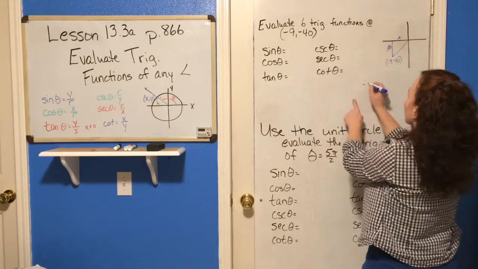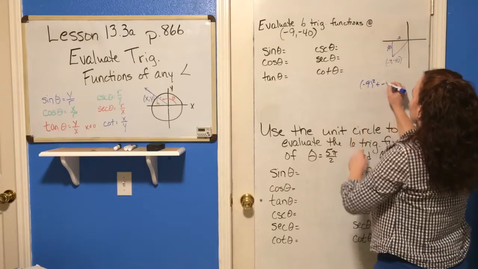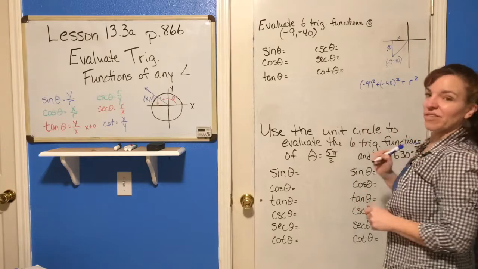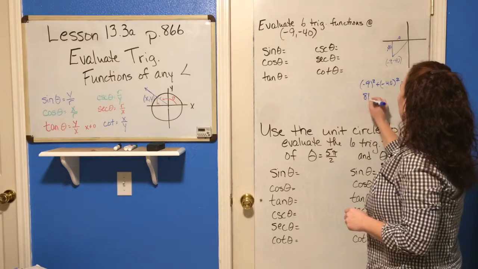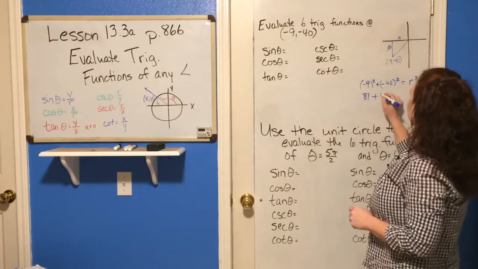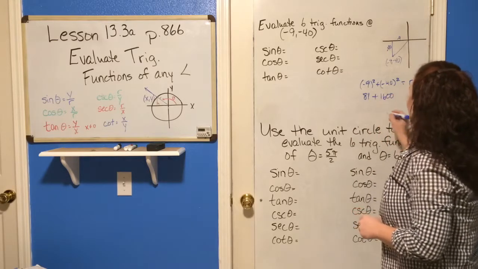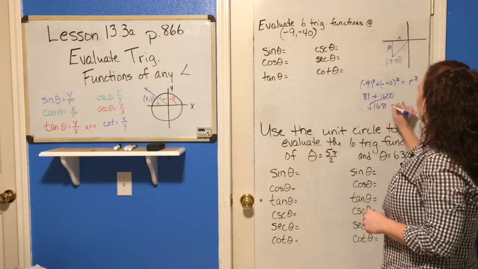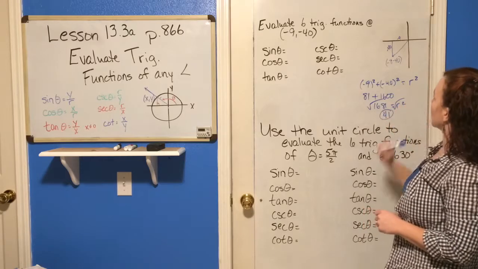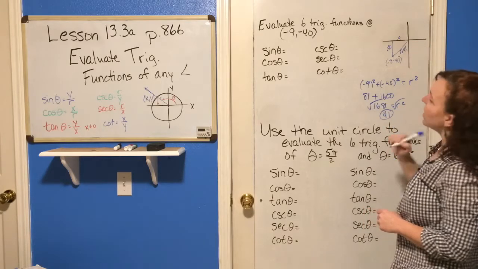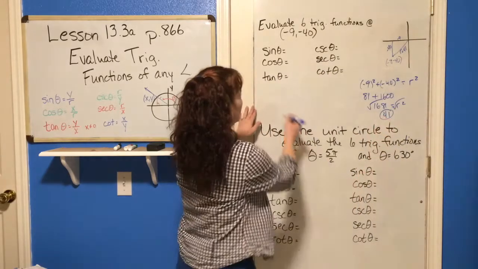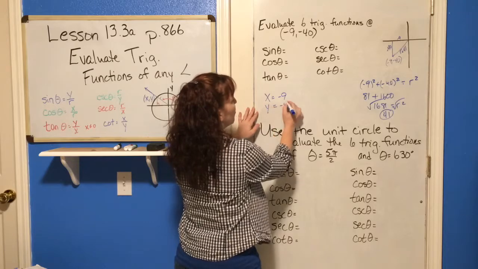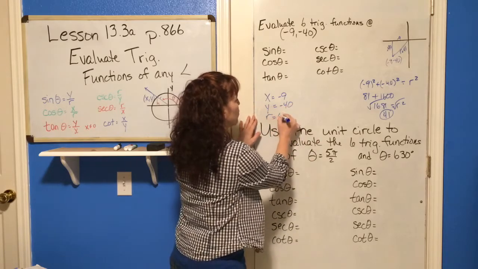So we take -9 squared plus -40 squared, and that's going to equal our radius squared. 9 squared is 81, and 40 squared is 4 times 4 is 16 with 2 zeros, so that's 1681, and that's radius squared, so the square root of that is 41. So our radius equals 41. Now we already have all the parts we need. We have x equals -9, y equals -40, and radius equals 41.